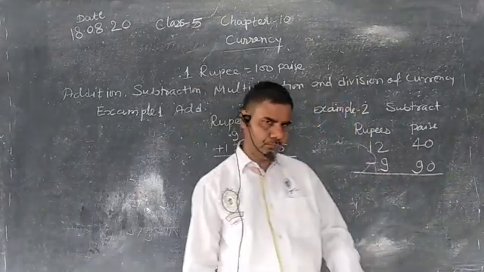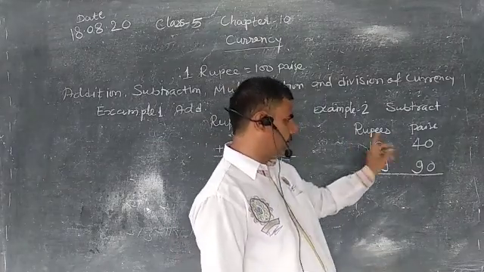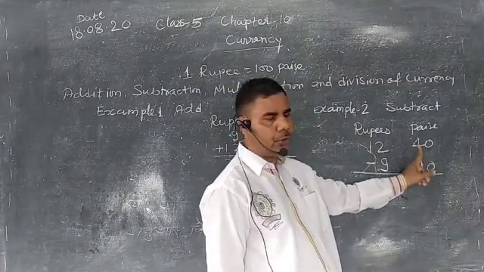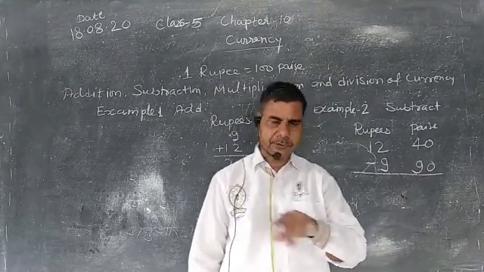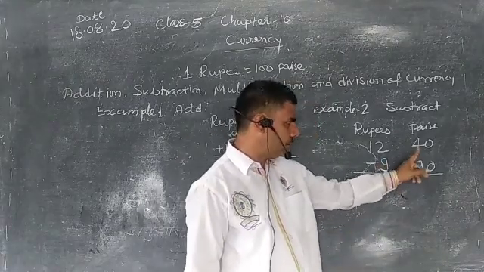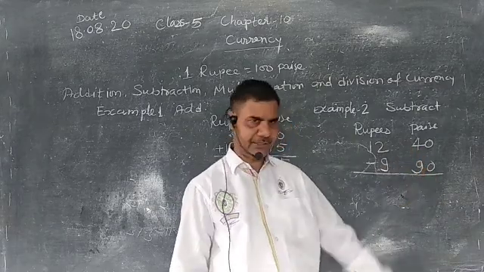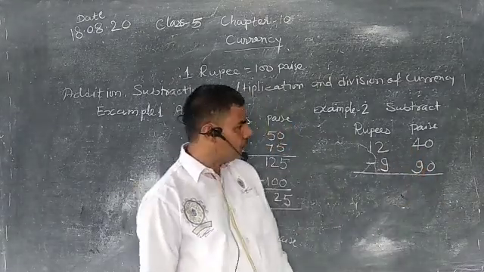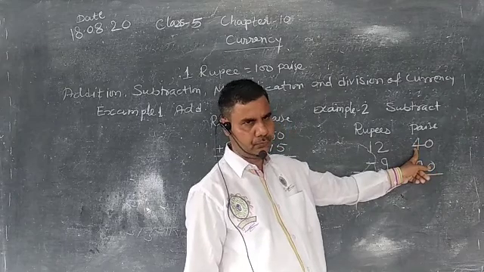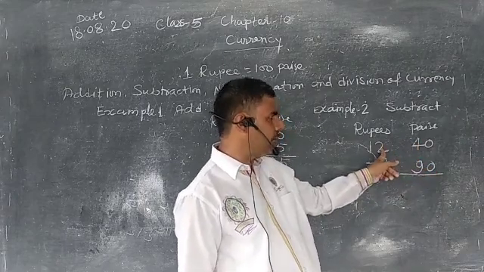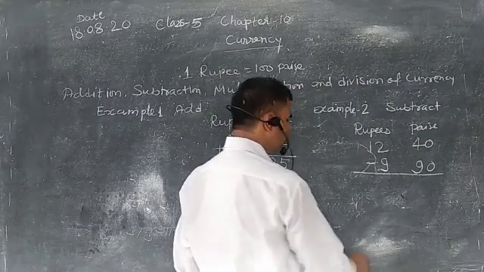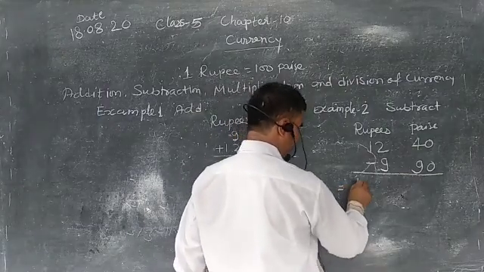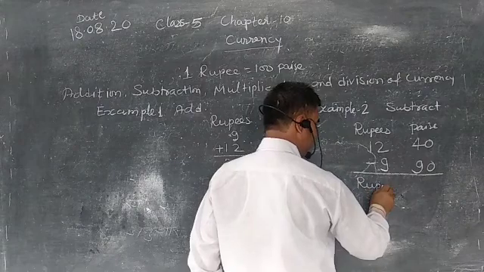What should we do? We should subtract 90 from 40. Can we subtract? No, because 40 is less than 90. So we should borrow 1 rupee from the rupees column and make a new table. What is the new table?